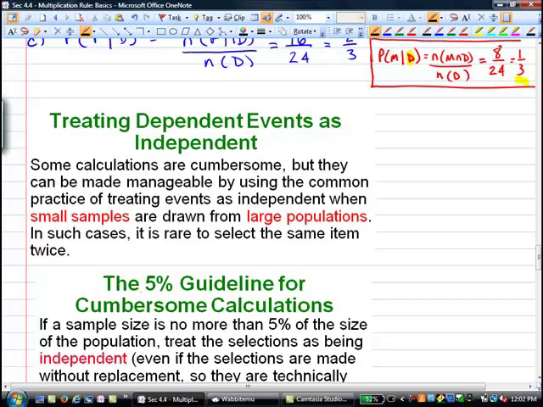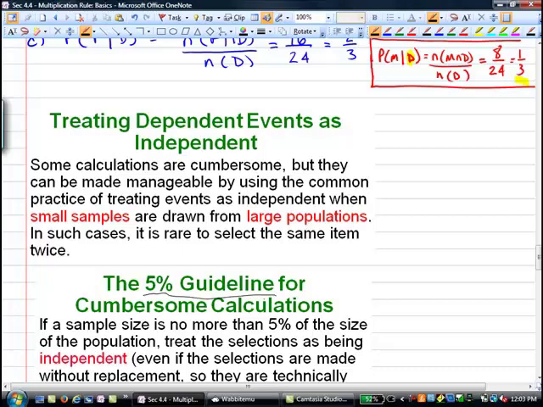This book uses the 5% guideline for its rule of thumb for cumbersome calculations, meaning if your sample is less than 5% of the population, you can assume independence. Remember the good batteries and the bad batteries we talked about? Those were small samples. 5 out of 12 were bad, 7 out of 12 were good.